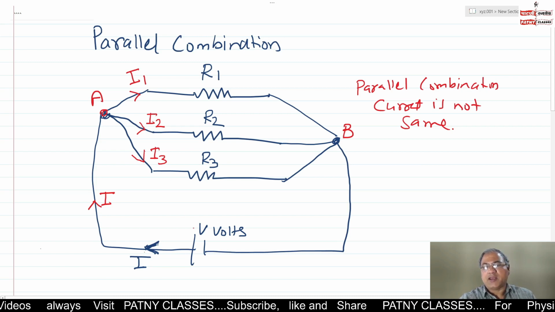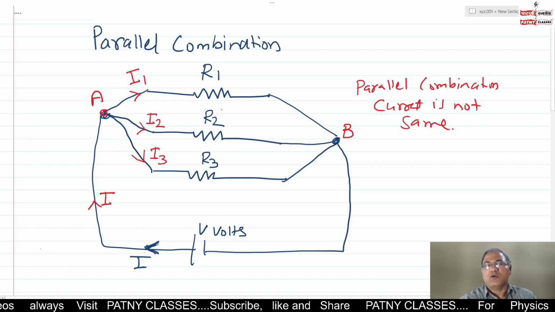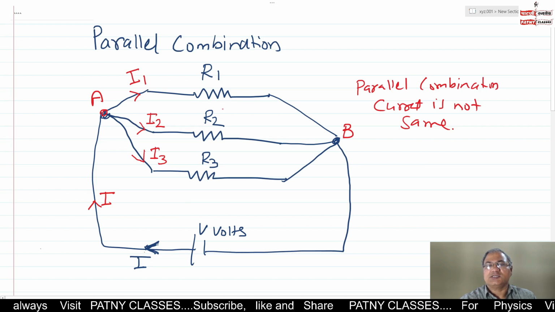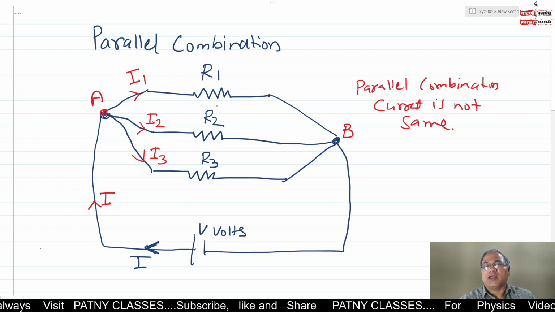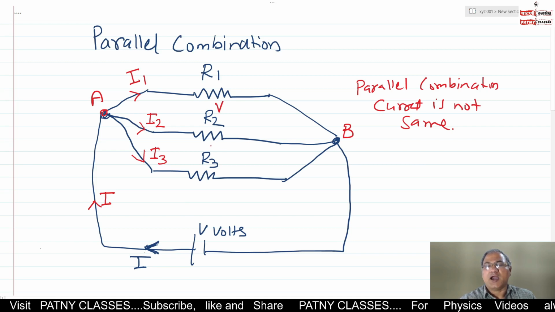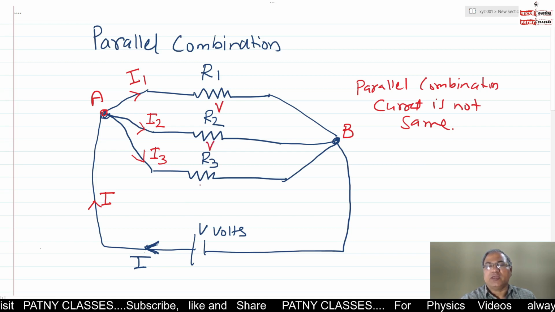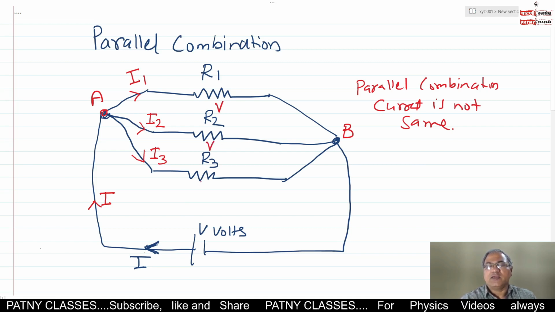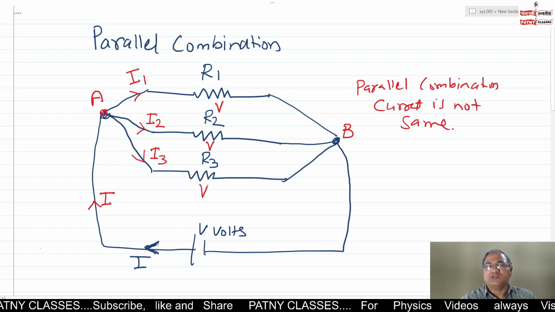But in parallel combination, the voltage across each resistor, at R1 the voltage equals V, at R2 the voltage equals V, and the voltage across R3 is also V.